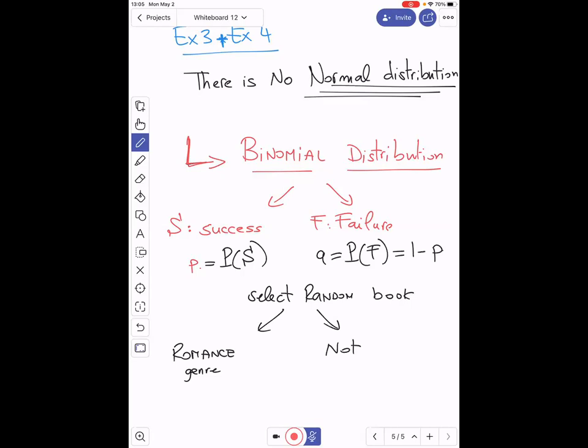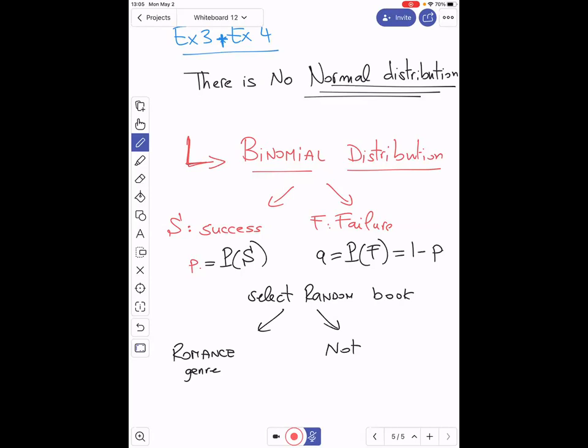All right, so my question for you guys: what's the probability of success here? What's the probability that you select a book of romance genre here? If you select a random book, what's the probability that the book is of romance genre?